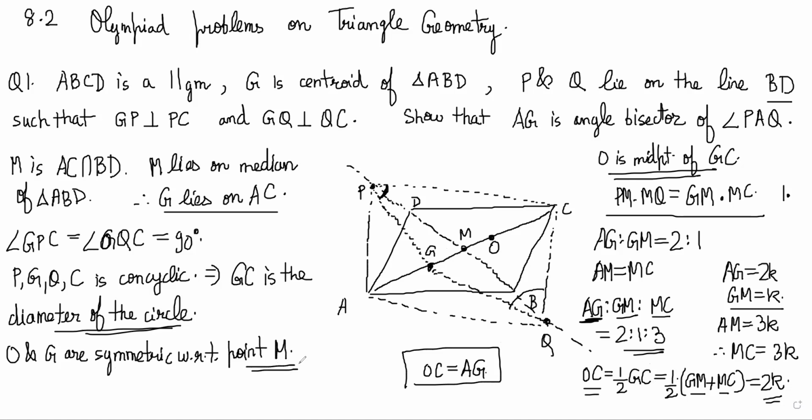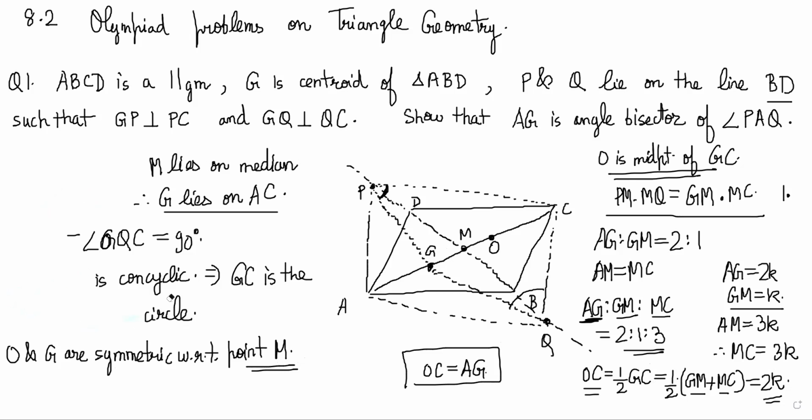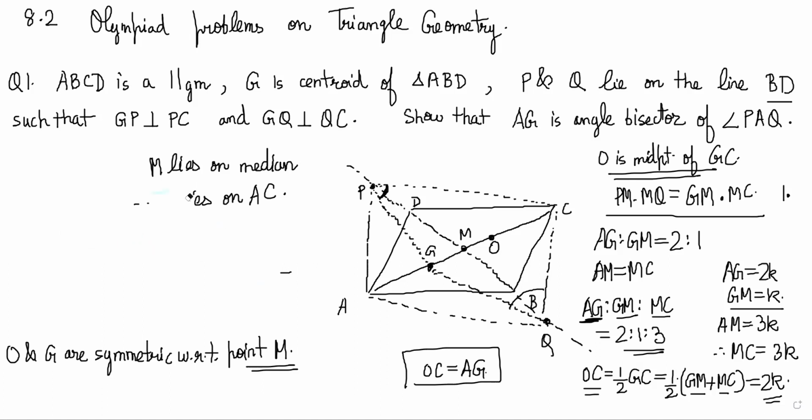O and G are symmetric with respect to point M because I can now replace, I will just do it here. I can say GM into MC, right?